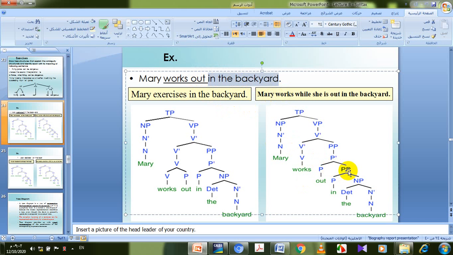That prepositional phrase is also subdivided into a preposition, in, and a noun phrase, the backyard, which is also subdivided into a determiner and a noun.